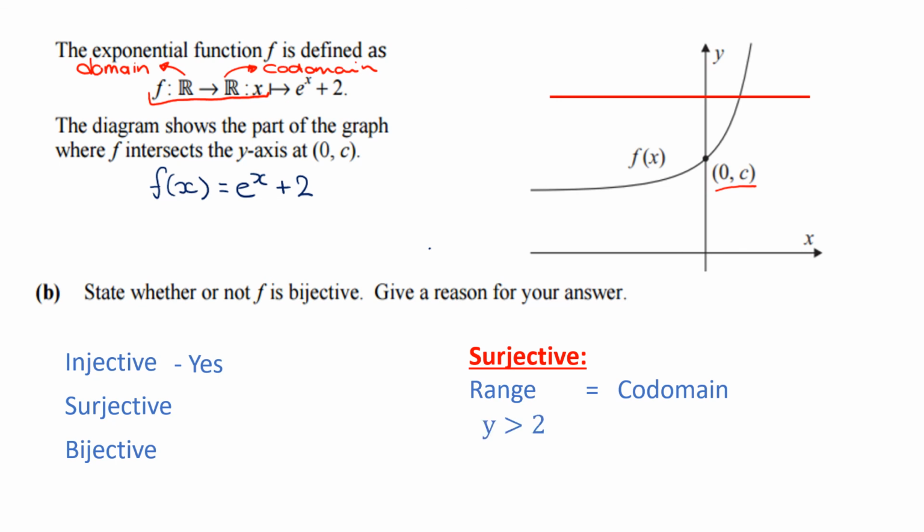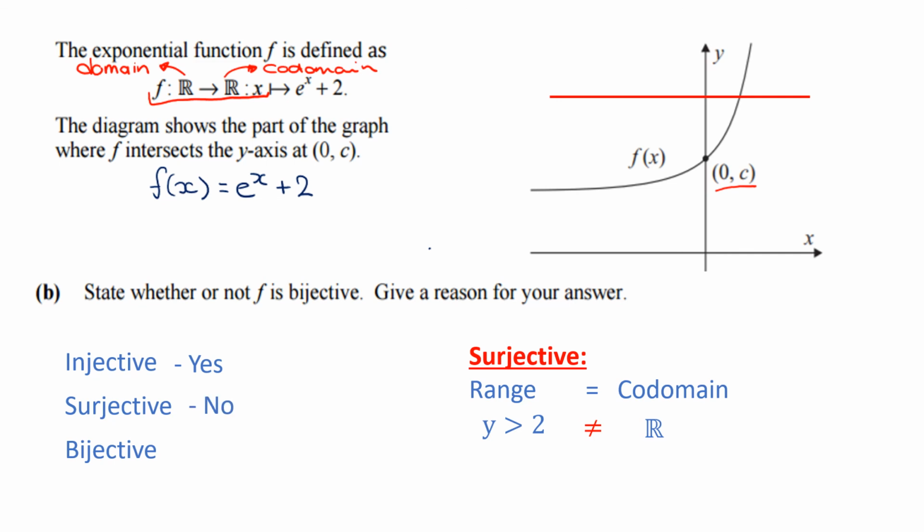So our range we worked out was y is greater than 2. The codomain was defined in the original question as all the real numbers. So are all the real numbers the same as where y is bigger than 2? No, they're not. Because the range and the codomain are not equal, then it is not surjective.